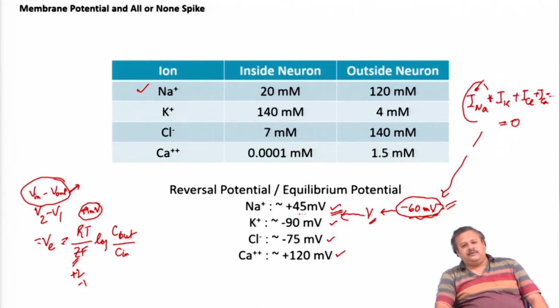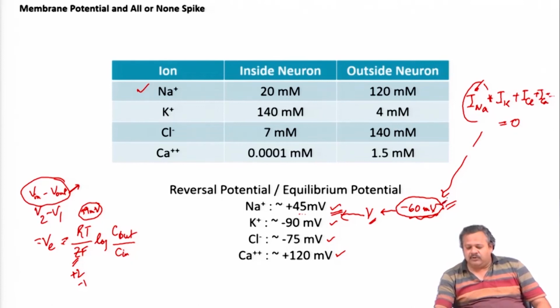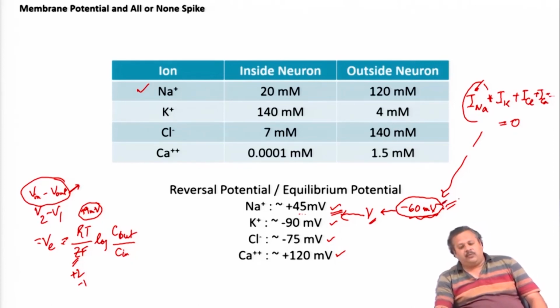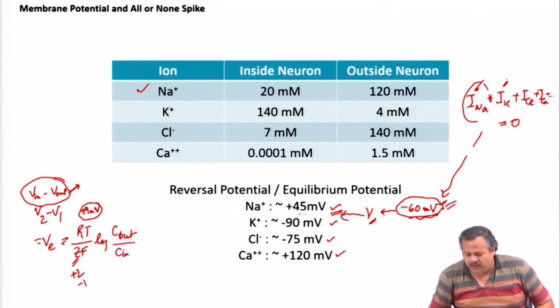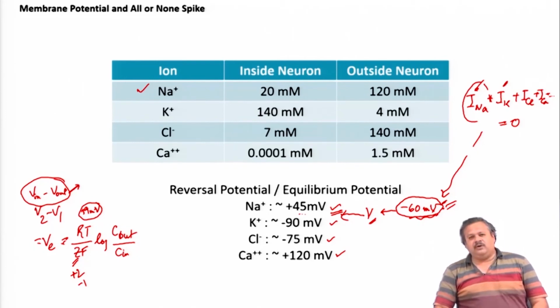In fact, what we will see is that there is a very small conductance for sodium at this resting membrane potential. Similarly, for potassium also, there is a very small conductance available at minus 60 millivolts, and hence at rest the membrane potential is not pulled towards minus 90 millivolts by the potassium ions.